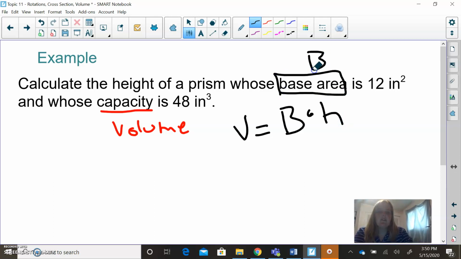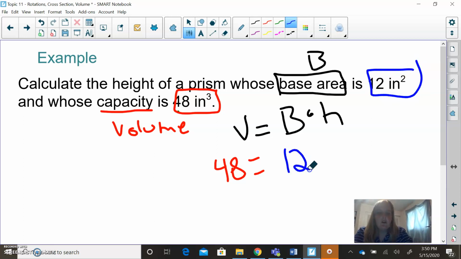This is big base. That's big B. So, what we're going to do is take this and plug it in for volume. So, 48 is equal to, then we have big B right here. So, 12 times H.